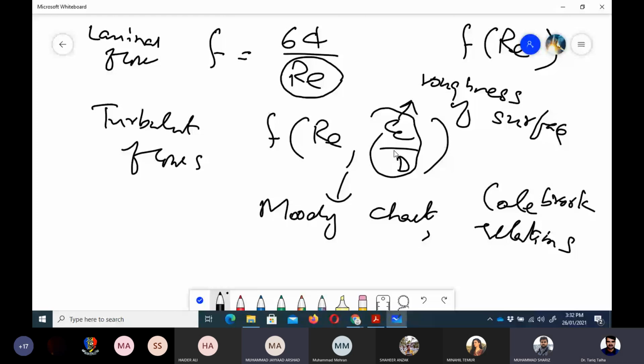So now tell me why that surface roughness is not important in laminar flow, because in turbulent flows we know that it is important. That's why a scientist named Moody developed that chart in 1940. We know that, but why is it not critical for this formula for the laminar flow?